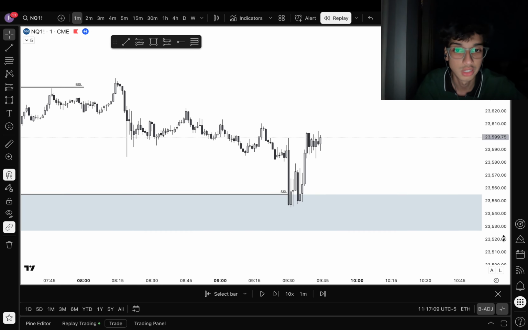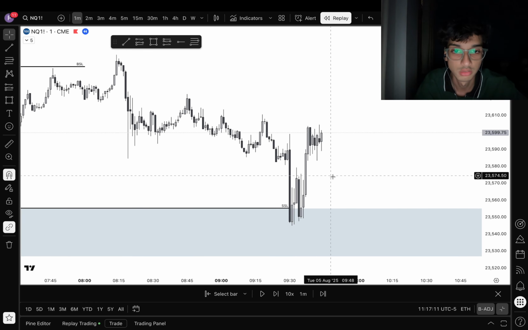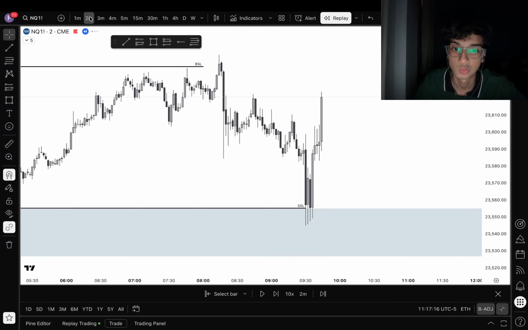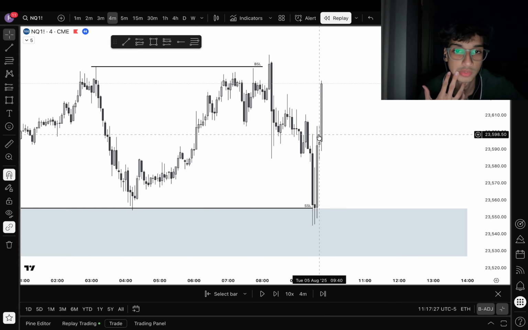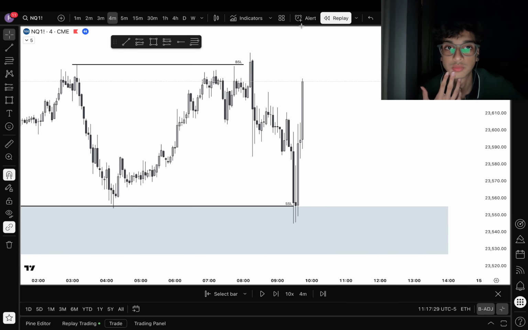Okay, the reason I'm looking for longs right from here, we actually don't have an entry model right here. Okay, this is our entry basically.